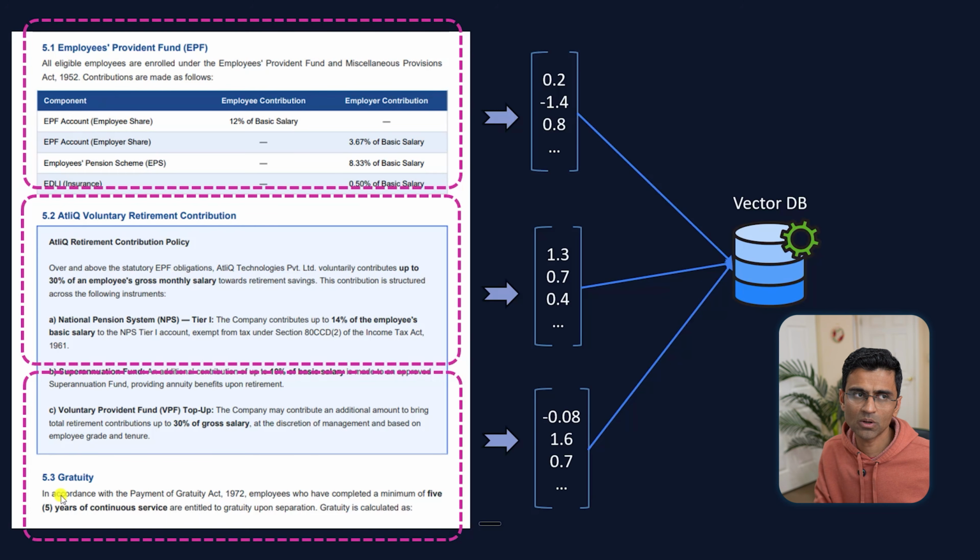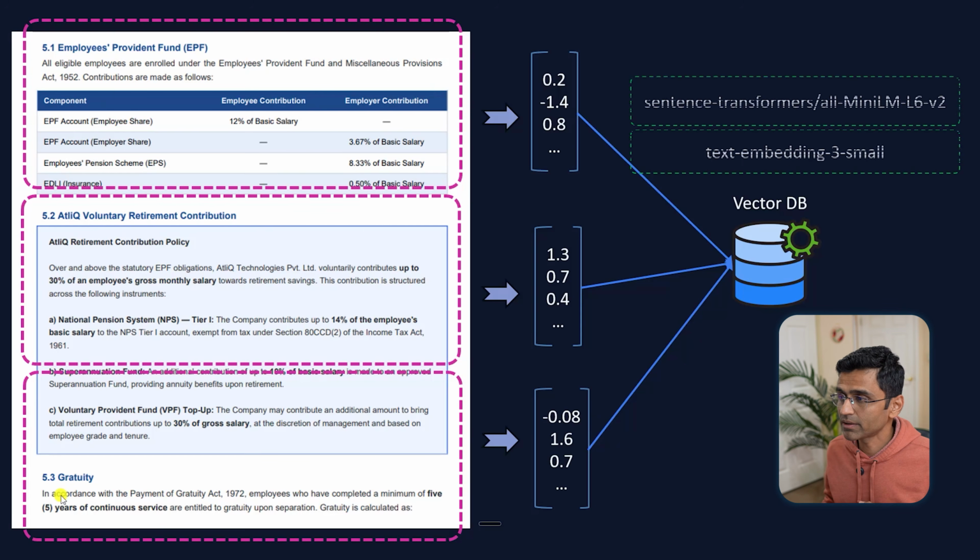This is different from your regular database. Your regular database can search using exact values, whereas a vector database will be able to search using the meaning. So when you search for, let's say, a company that is a leader in electric vehicles, it will return Tesla from the database. So it is searching based on the meaning, not based on the exact word.